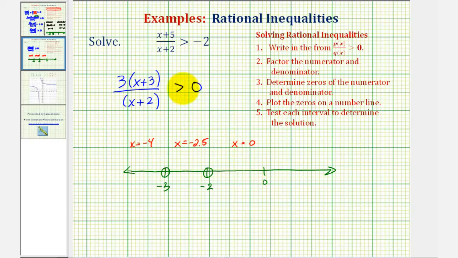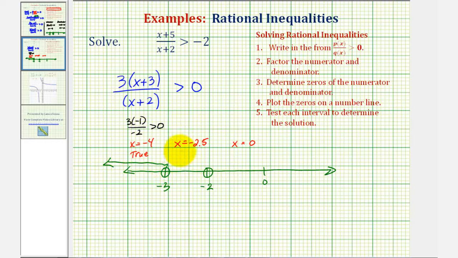Because we're comparing this to 0, we really only care about the sign of this rational expression for these given values of x. So notice when x is negative 4, we would have 3 times negative 1 divided by negative 2. That's going to be positive, which is greater than 0, which is true, which means the interval to the left of negative 3 would be part of our solution.